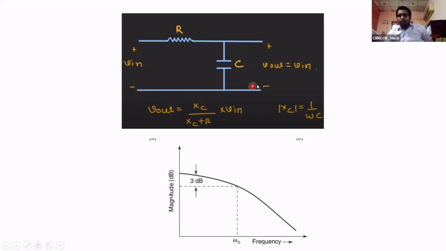For low frequencies only we get more V out. If you increase the frequency, the output will be reduced, means it allows only low frequencies. If you increase the frequency, reactance decreases, which causes the voltage to reduce. That is the principle of low pass filters. V out responds only to low frequencies, not to high frequencies.